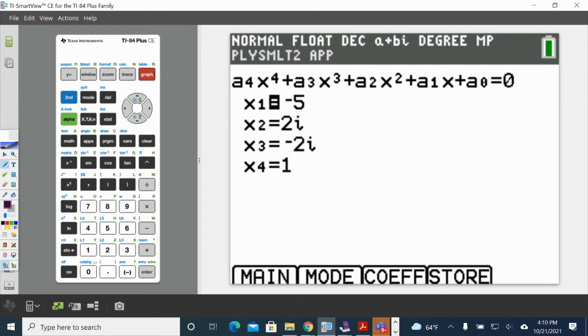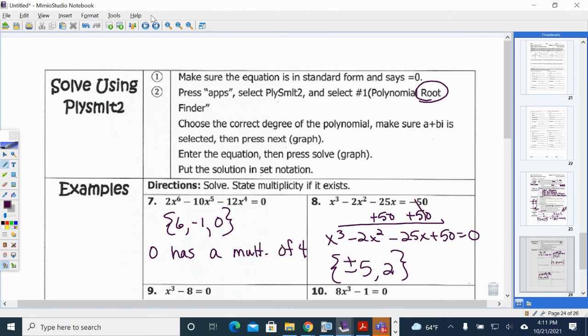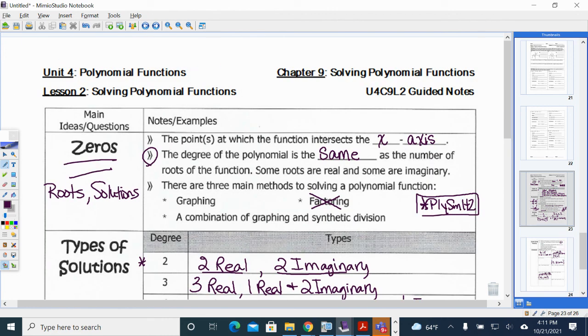And our four solutions are -5, +1, and plus and minus 2i. So Polysimulator can come in handy when solving these polynomial functions. Those are your notes for Chapter 9, Lesson number 2.